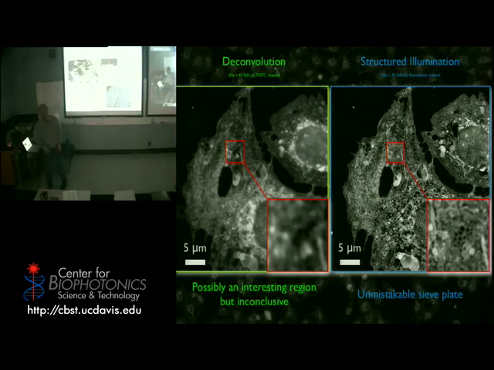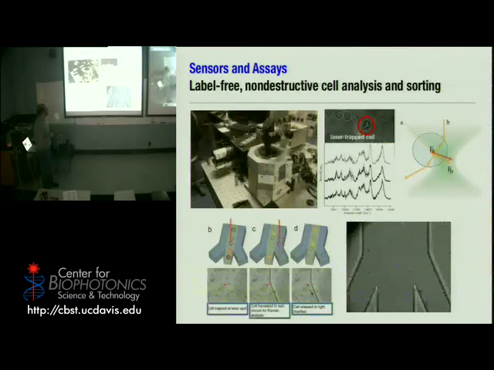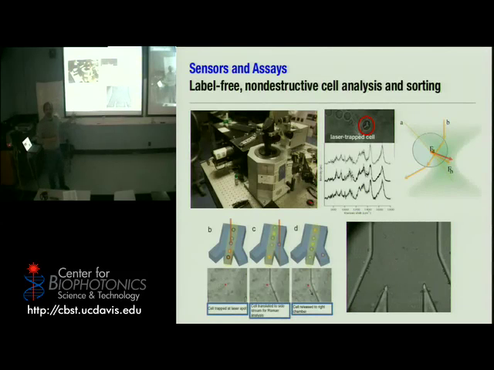Now, an example of sensors and assays. This is where we trap the cell. You guys remember me talking about this? You can use a laser to trap a cell. You will see this microscope there too. We call this the R2D2. It's an automated microscope that can do a lot of this work by itself. You can find cells in its field, grab them, and actually take a spectrum of them.